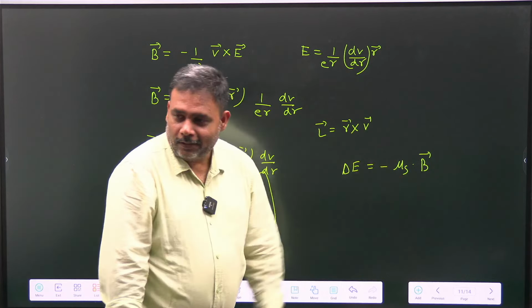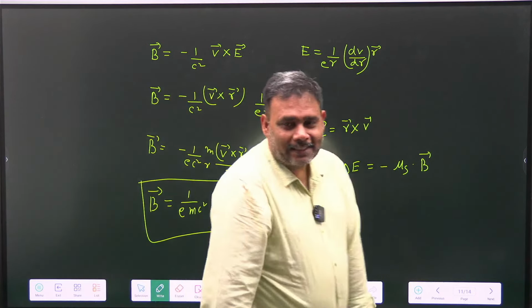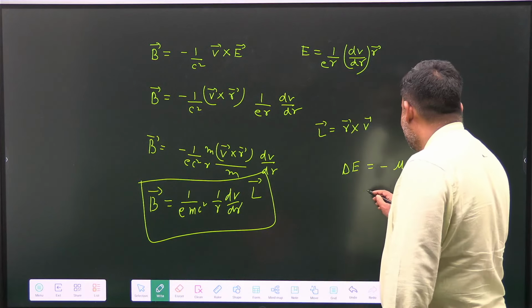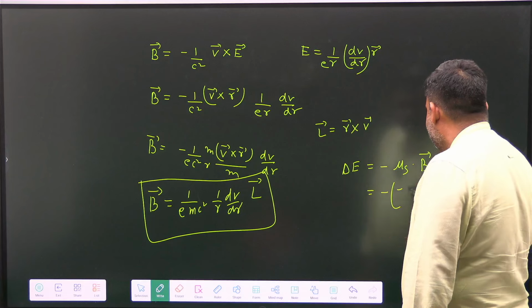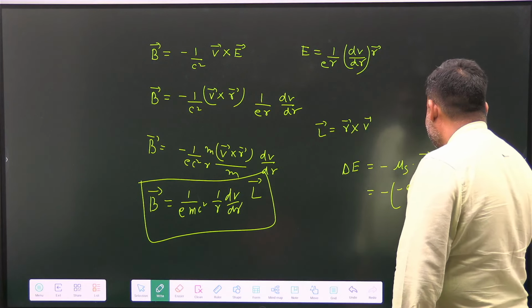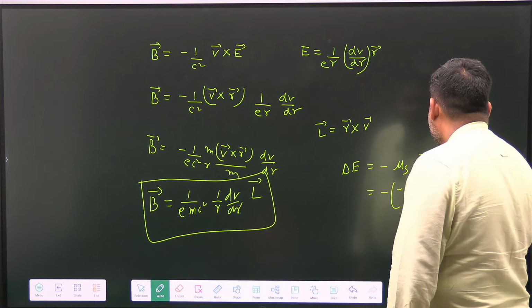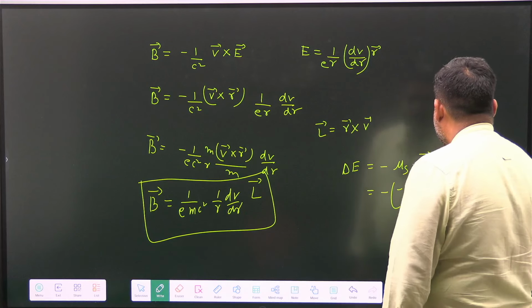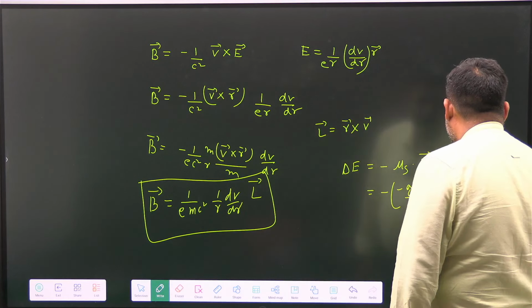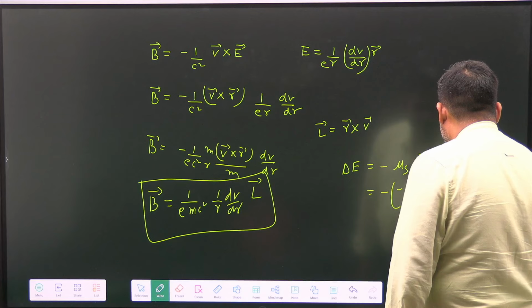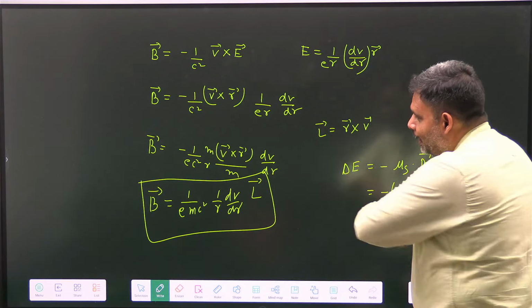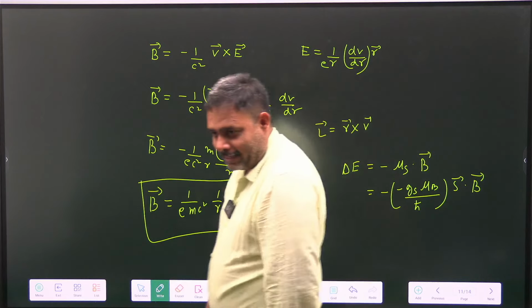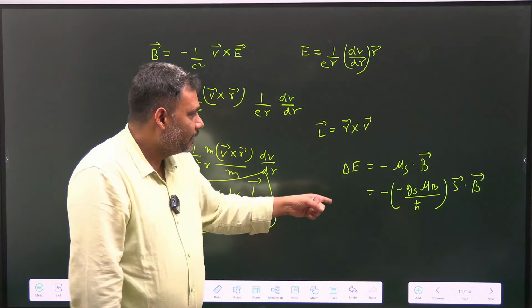Minus mu_s dot B. And what is the value of mu_s? The value of mu_s has a negative sign, and you have minus g_s mu_B upon h cut into S, dot magnetic field B, and B can be written in terms of L. B is a function of L.